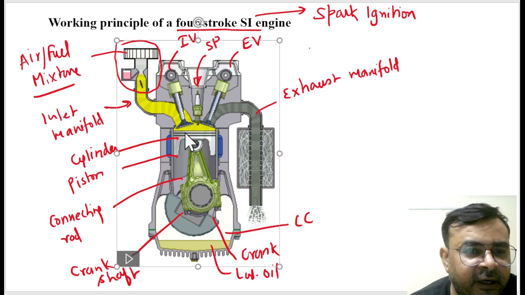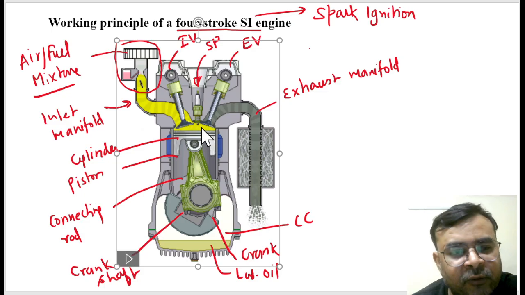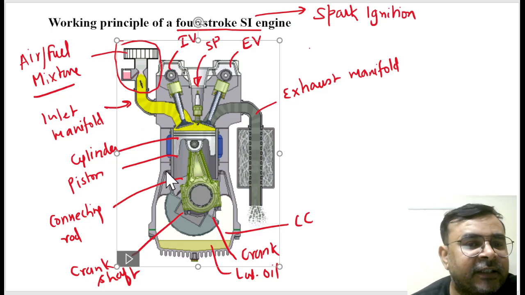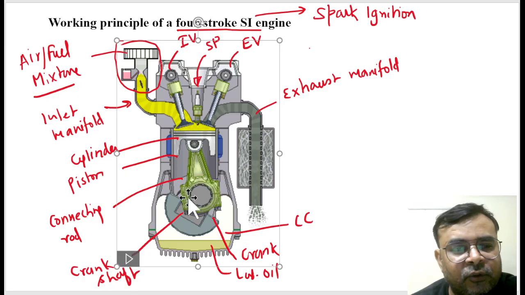So when your piston is moving from TDC to BDC, at that time the inlet valve is open and the charge enters into the cylinder. This process is called the suction stroke. Are you getting this?